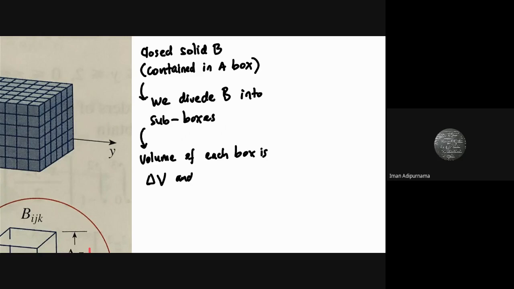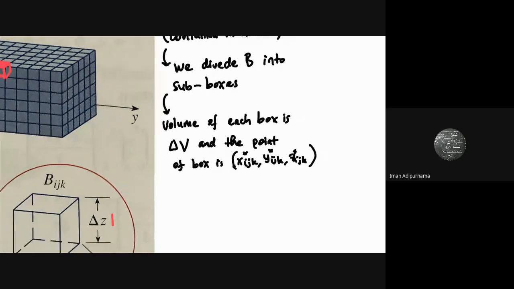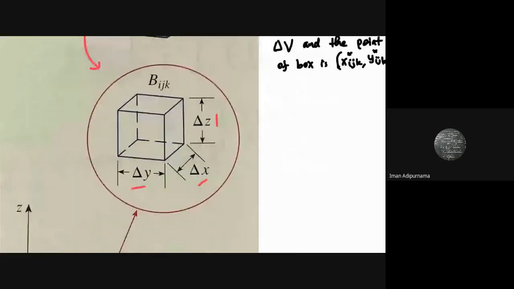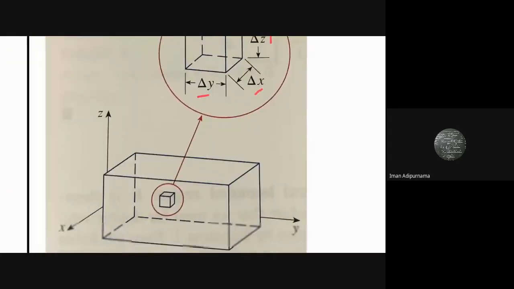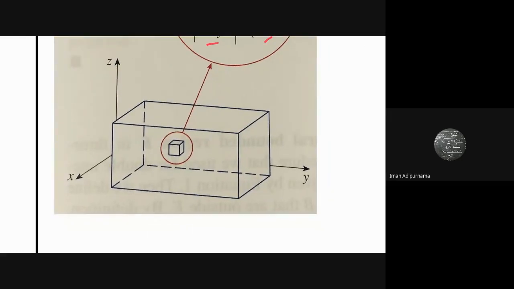And the point of the box is xijk, yijk, zijk. And then from these boxes, it's actually a small box inside a huge solid's volume, right?